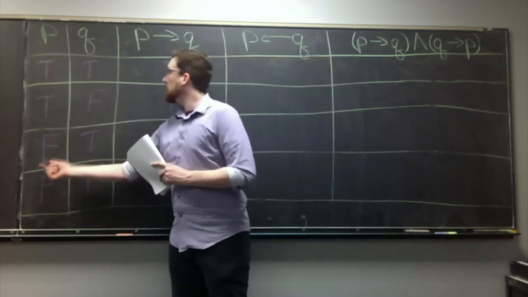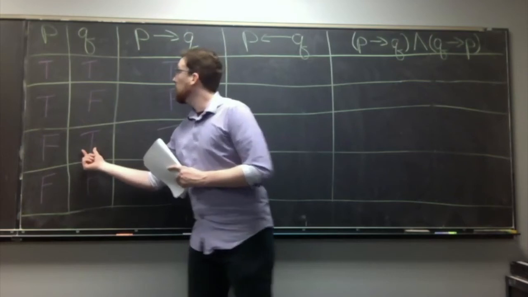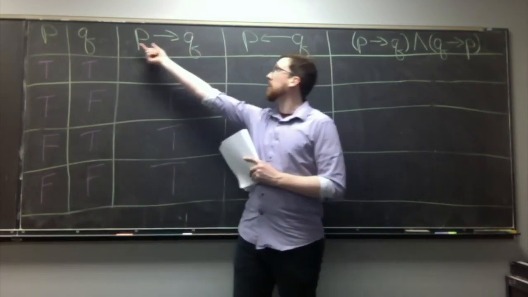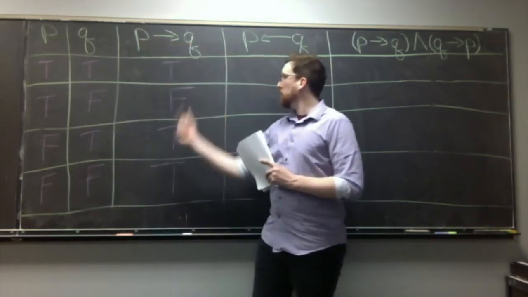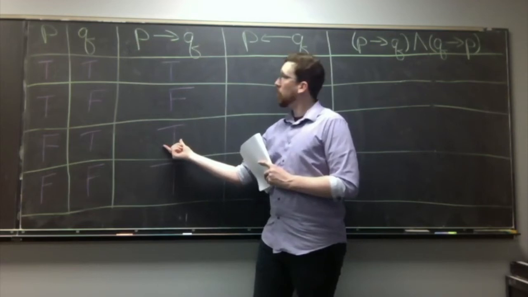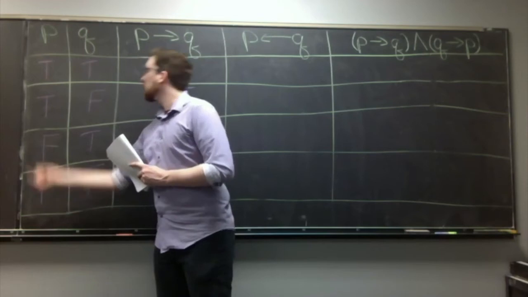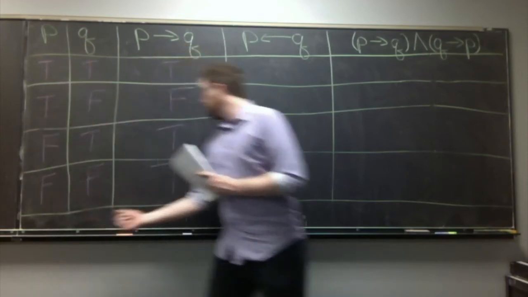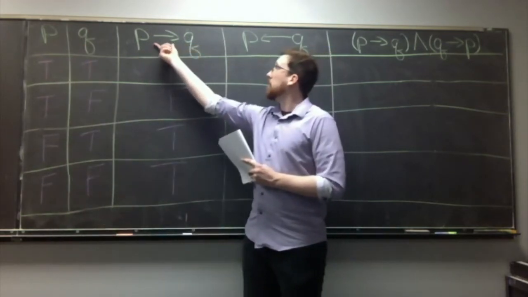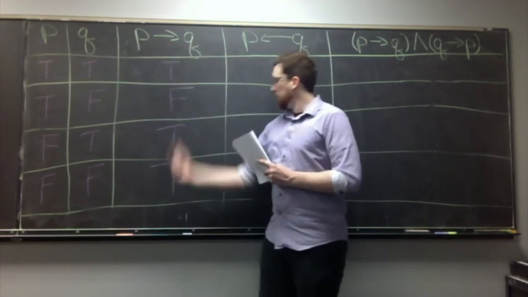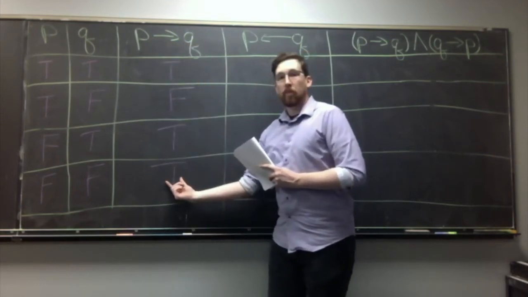If P is false, Q is true, then the statement if P then Q is true. And if P is false and Q is false, then the statement P implies Q is true.